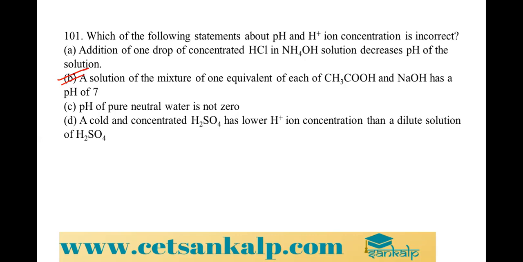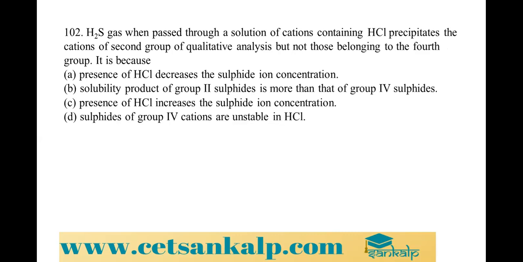Next, question number 102. H2S gas when passed through a solution of cations containing HCl precipitates the cations of the second group of qualitative analysis but not those belonging to the fourth group. Why might that be? Because the presence of HCl decreases the sulfide ion concentration.